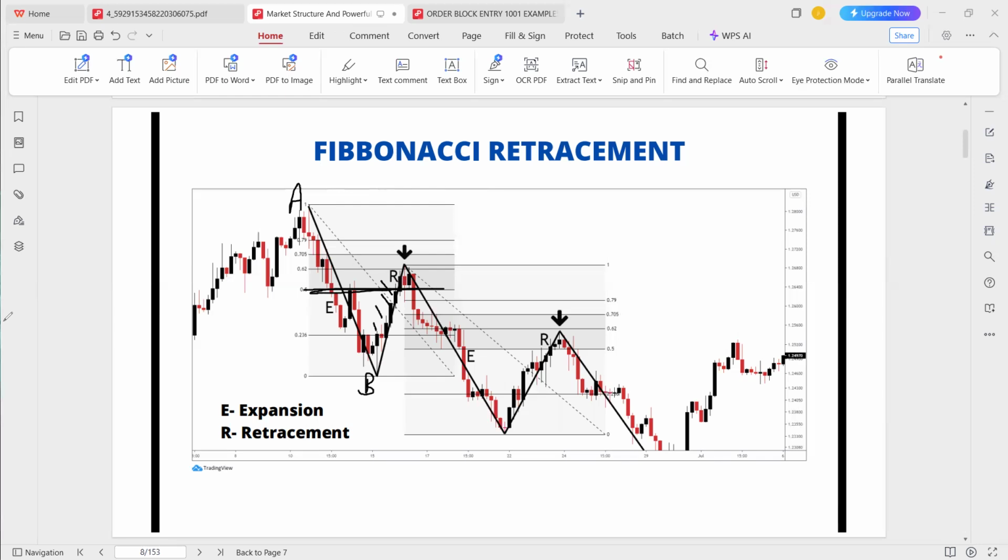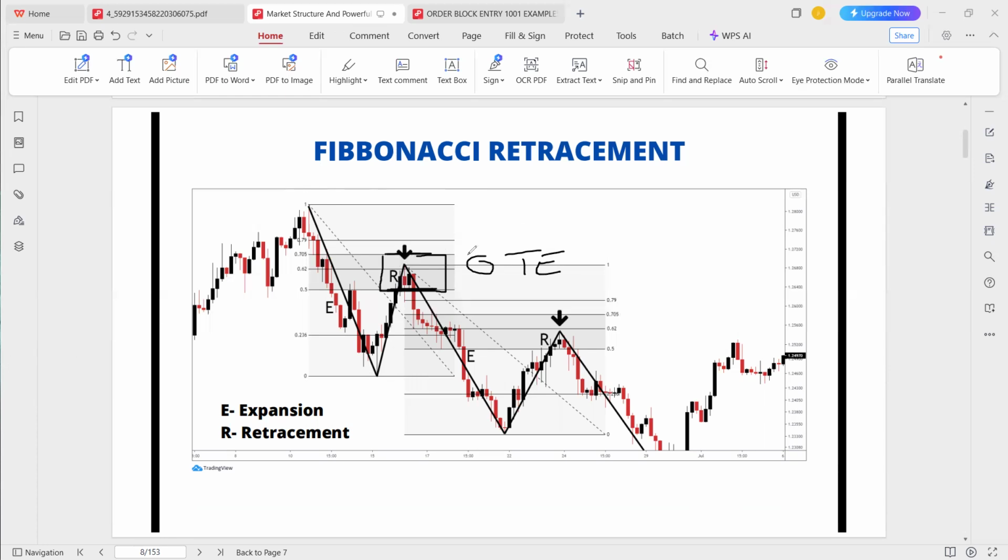So what usually happens is the best setups will form between the halfway mark and the 0.705 retracement areas. This is the main point of interest, or the main OTE, as the author explains it. So this is usually where the best setups form.